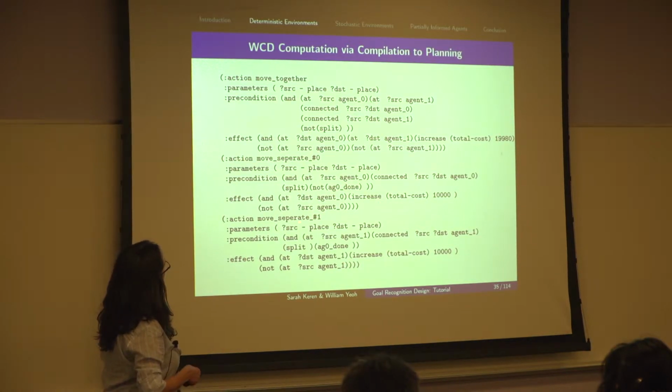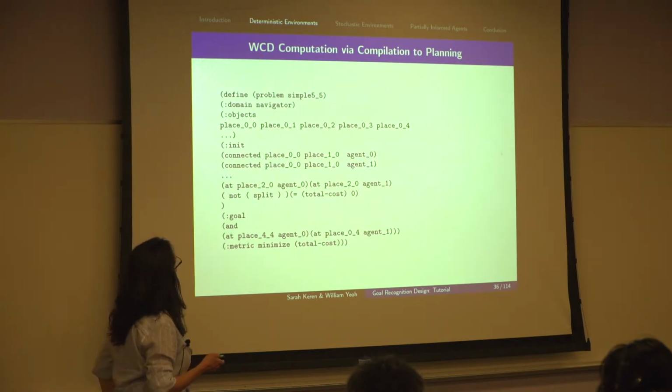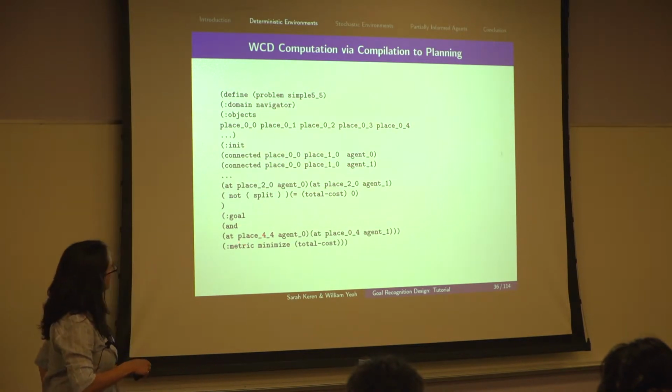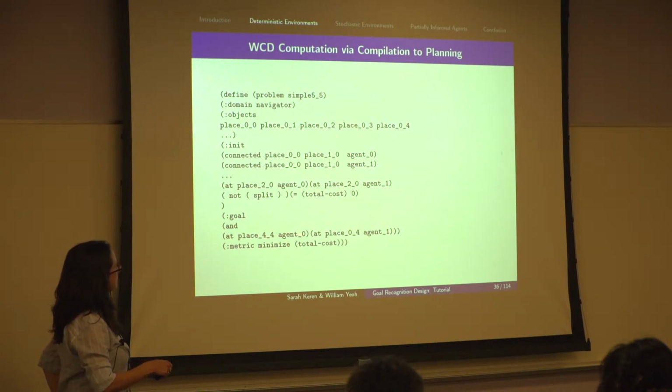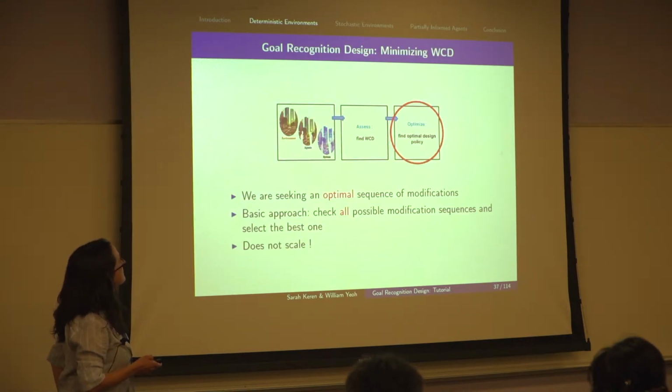And then we have moving separately, which is only for agent 0, with a cost that is epsilon higher. That's the basic idea. And the problem defines the goal for each agent. So agent 0 has to be in place 4, and agent 1 needs to be in place 0, 4.